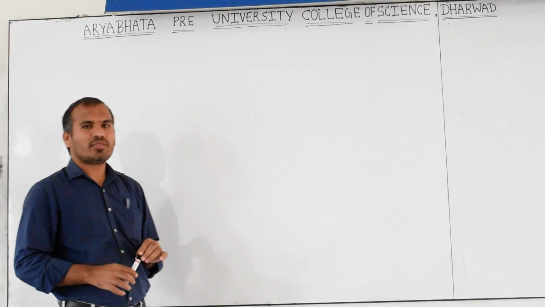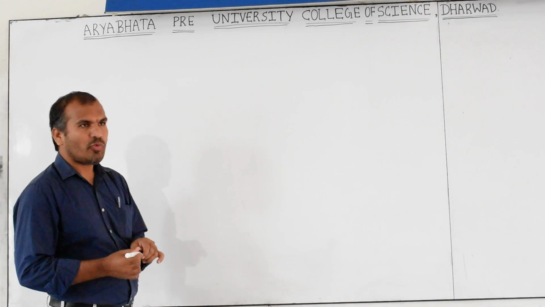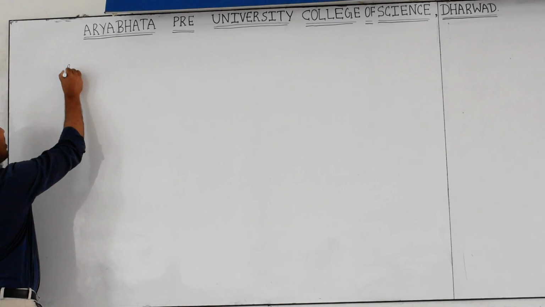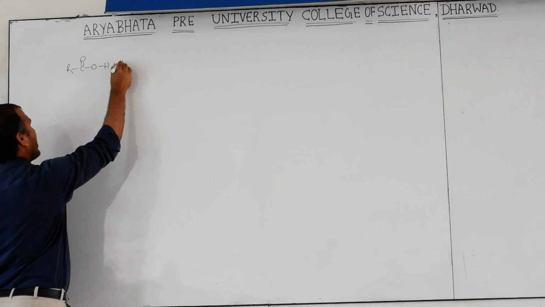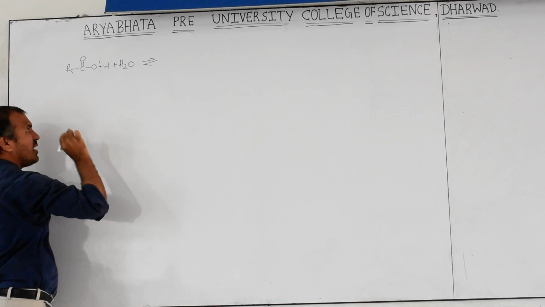In the last class I discussed the acidic nature of carboxylic acid, that is called O-H bond breaking reaction. So we know RC double bond OH reacts with H2O, then this bond will break down.